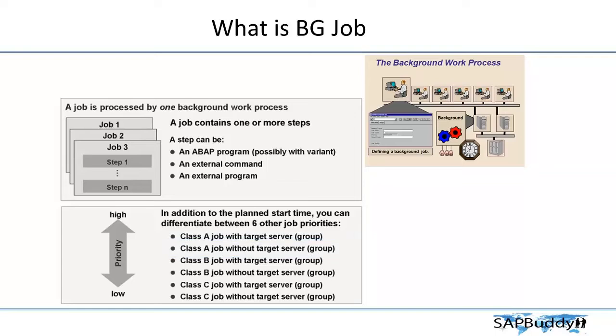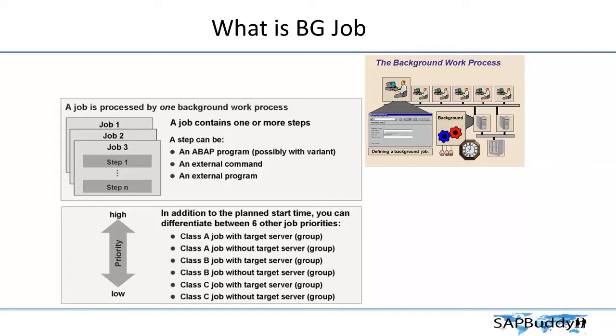If you specify without a target server, that means you can leave it blank, or you can also create a group. If you leave that blank, then the SAP system will allocate the application server based on the work processes available. In that case, that will come to the second priority.